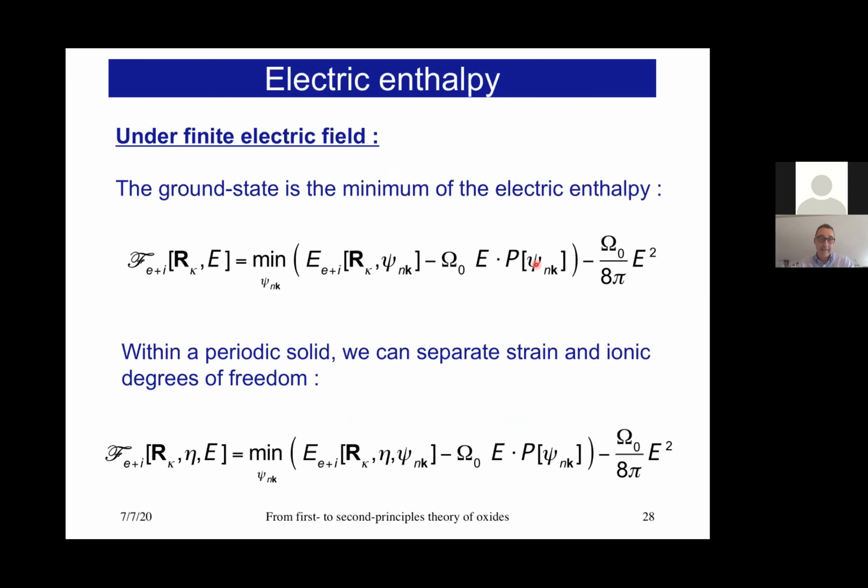field and the material. And now when we work with periodic solids, you can also separate the strain and ionic degrees of freedom. And then instead of referring to capital R, you can refer to capital R and strain and get an expression where these internal degrees of freedom are separated.